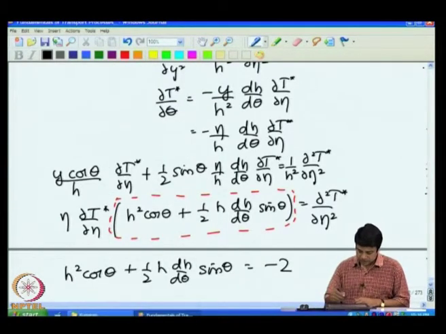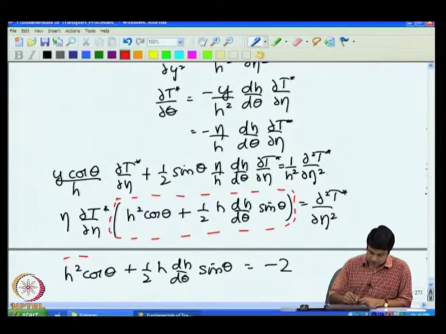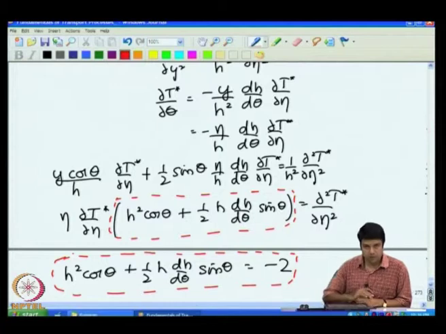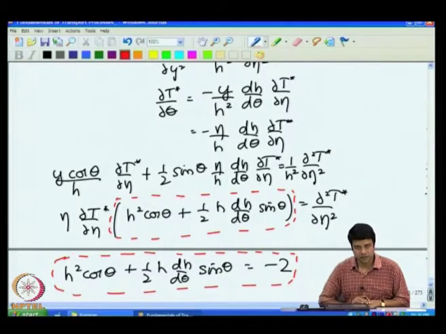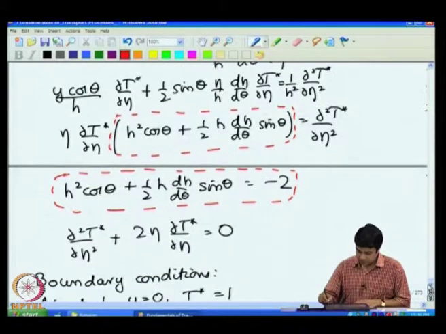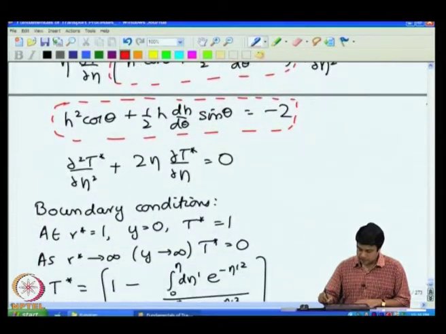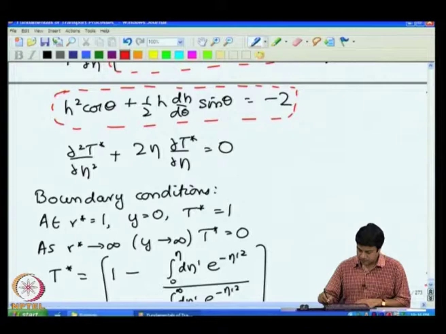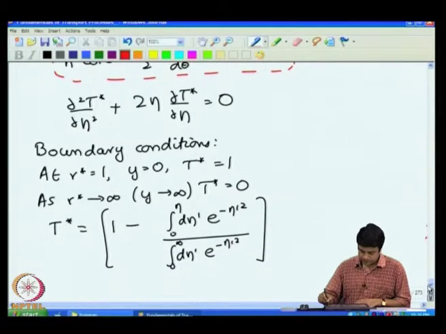We still have not solved this equation to get h, because eta is equal to y by h, and unless we know what is h, we will not be able to find the solution for the temperature field. The solution for h is obtained the same way as it was for the flow past a spherical particle.